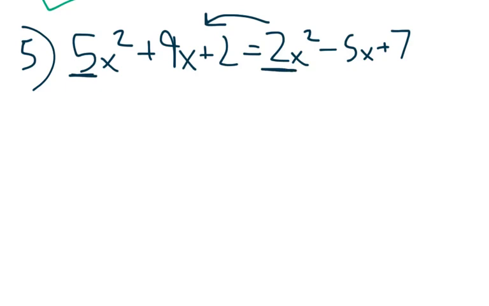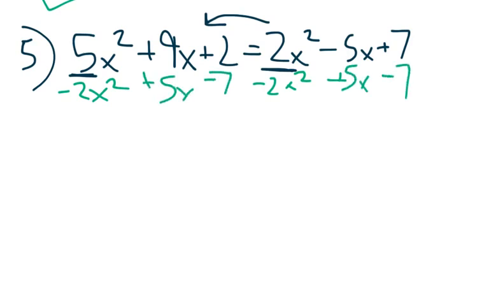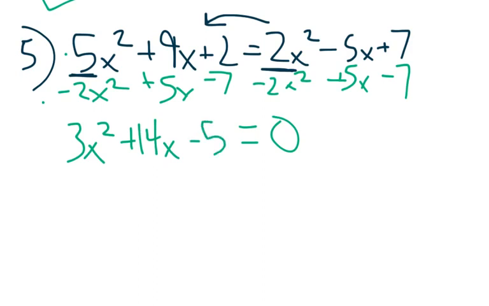I want my x squared to be positive. Now here I'm going to take my time and show the process. Minus 2x squared, minus 2x squared. Plus 5x, plus 5x. Minus 7, minus 7. Now on the right, I have 0, which is what I want. On the left, I combine some like terms. 3x squared plus 14x minus 5.